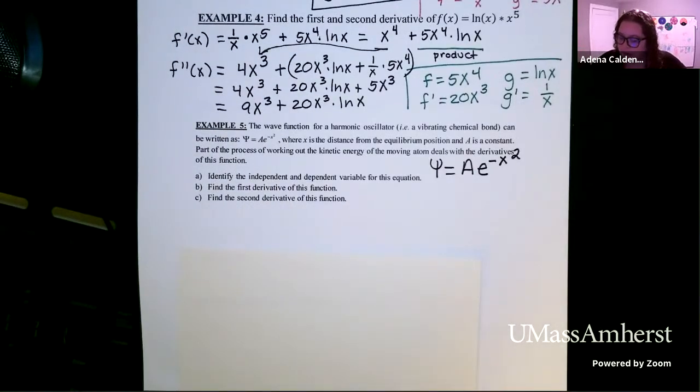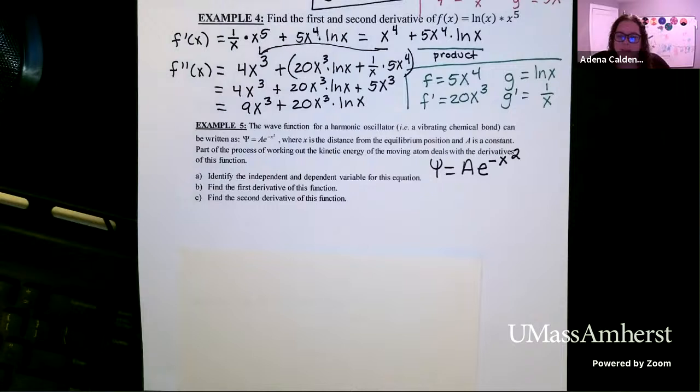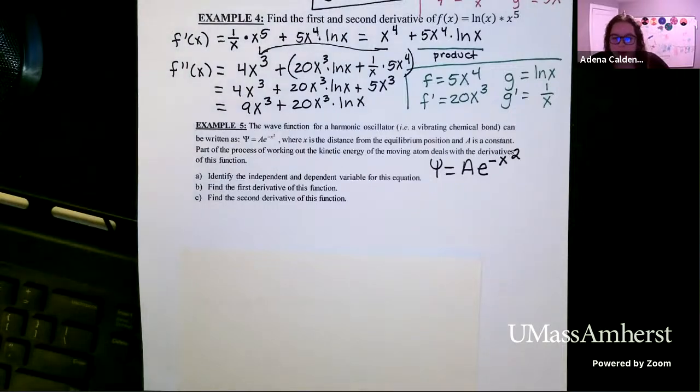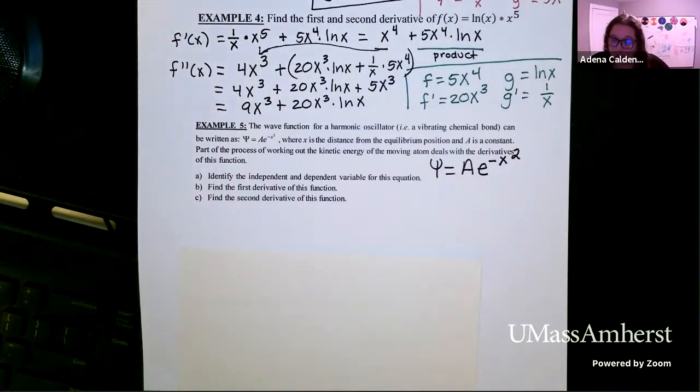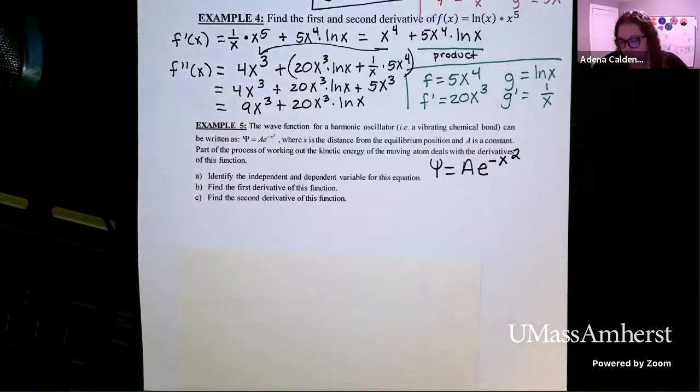Okay, so I want you to take about 3 minutes and see if you can answer these questions. And again, for part B, you're going to be using a chain rule. So if you need to look back in your notes, that's totally fine. And for part C, you will have to use a product rule and a chain rule. So try it out, see what happens.